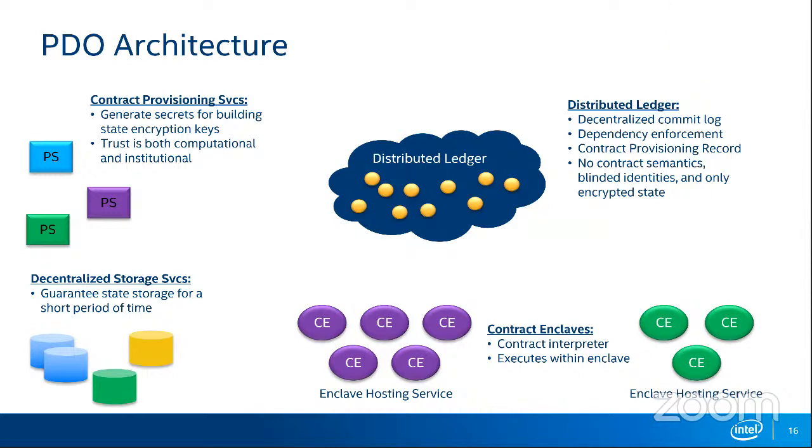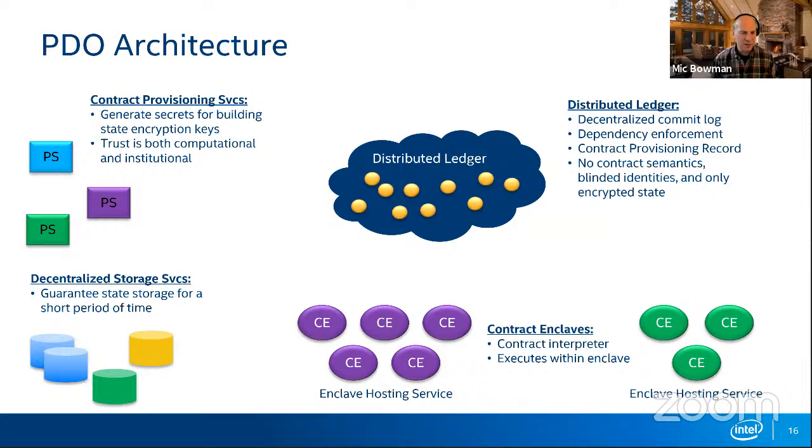Okay. And can you touch on the new org onboarding story? As far as the onboarding goes, we've really tried to stay out of policy for whether or not a new organization can participate. There's a standard process for adding new contract enclave services to the mix.